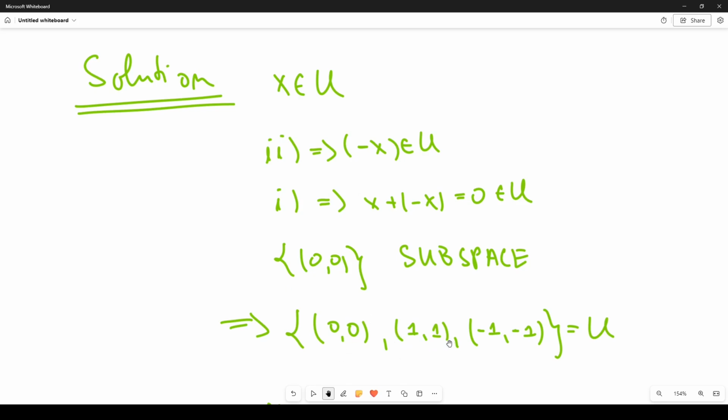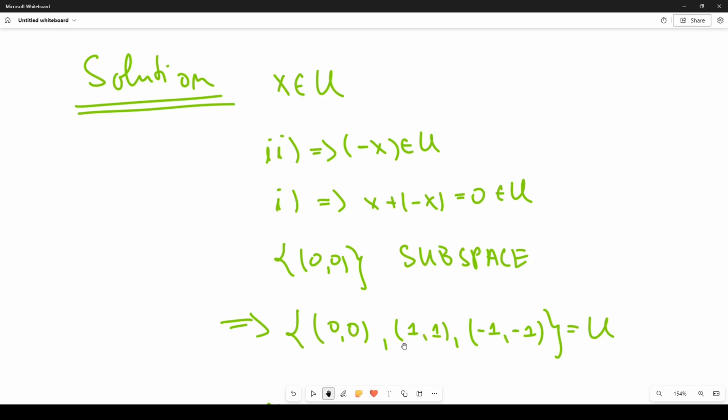Well, we can just add any ordered pair in here, and you add its additive inverse, and you will get the desired subset. So in this case, I just added the ordered pair 1, 1, and since it has to be closed under taking additive inverses, I also added the ordered pair minus 1, minus 1. And now you can verify that it's closed under addition.